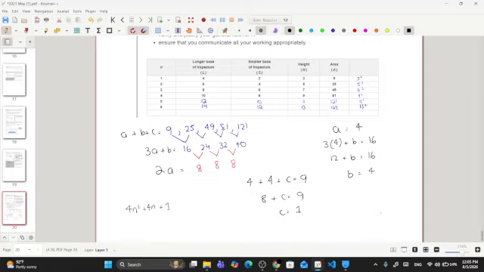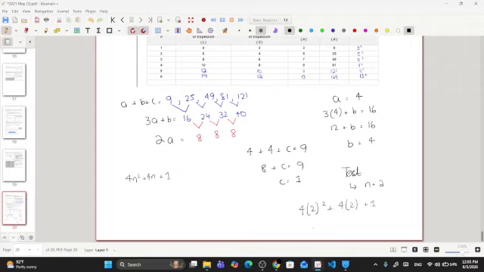So if you were to test it for the value of n equals 2, 4 into 2 square plus 4 multiplied by 2 plus 1. 2 square is going to be 4, and 4 times 4 is 16. 16 plus 8 plus 1.